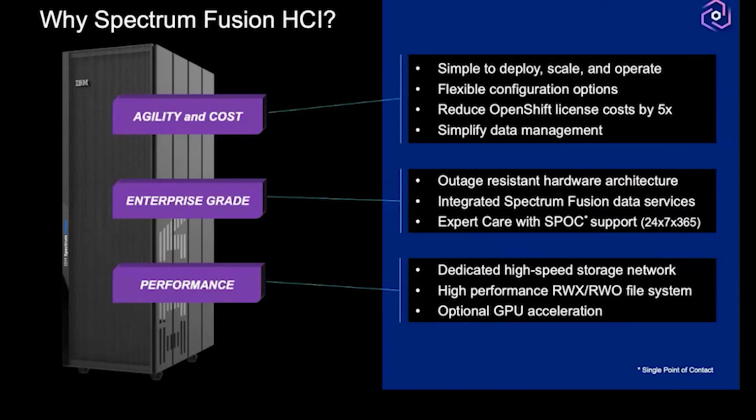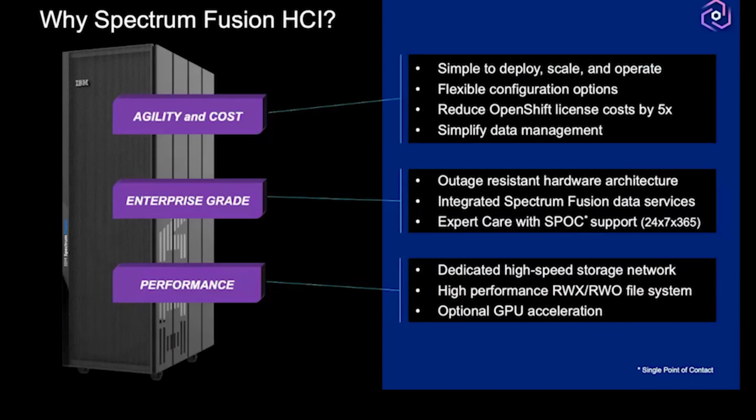Spectrum Fusion HCI delivers high performance using a dedicated storage network for predictable performance. Redundant 100 gigabit Ethernet switches keep storage traffic segregated from data center traffic for secure and predictable performance. Storage-rich servers populated with NVMe drives are pooled and virtualized with Spectrum Scale ECE high-performance file system software. Multiple storage access modes are available to meet performance requirements for different classes of applications.